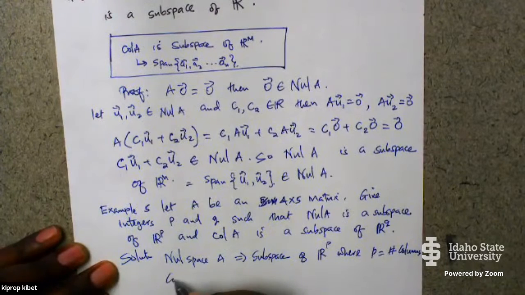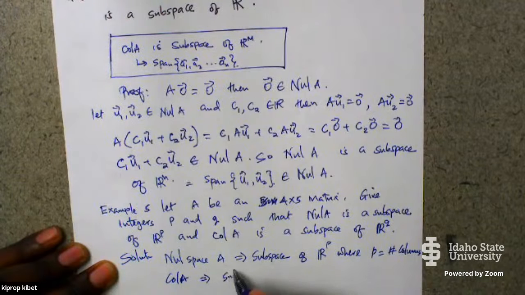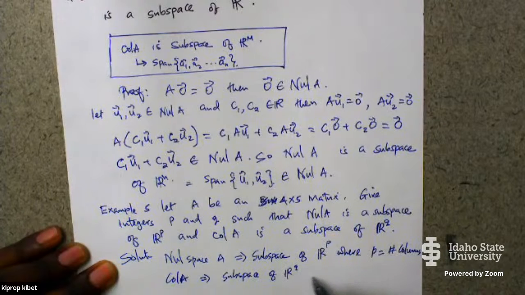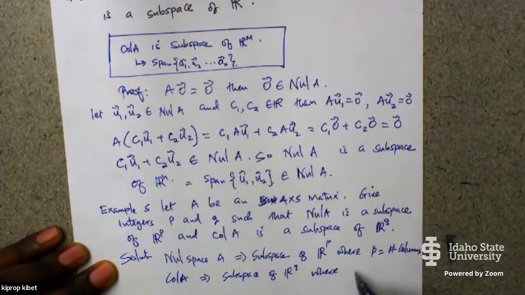And the column space of A is a subspace of Rq, where Q is the number of rows.